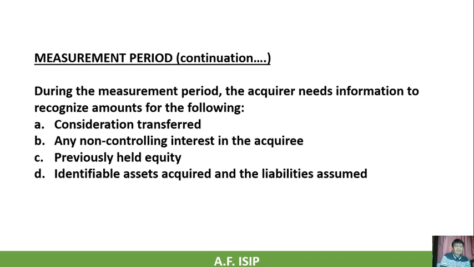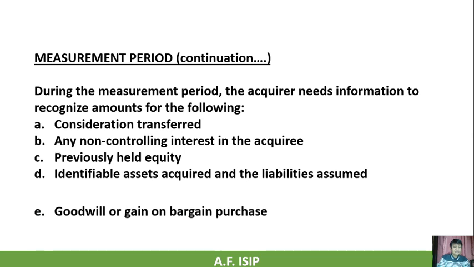In the same manner, documents pertaining to liabilities are not complete. They cannot substantiate the amount declared by the acquiree. So, they need measurement period under letter D, identifiable assets acquired and liabilities assumed.